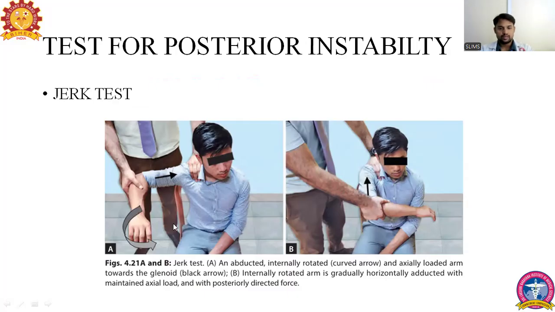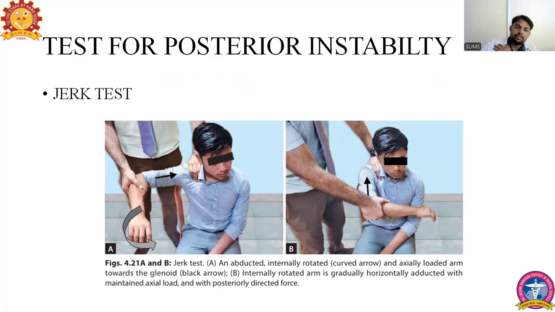See, this is the jerk test, and this is otherwise called the Hawkins Kennedy test. What is the Hawkins Kennedy test? We should make the shoulder at 90 degrees of flexion, elbow at 90 degrees of flexion, and from the lateral side we should keep moving the joint into abduction like this.